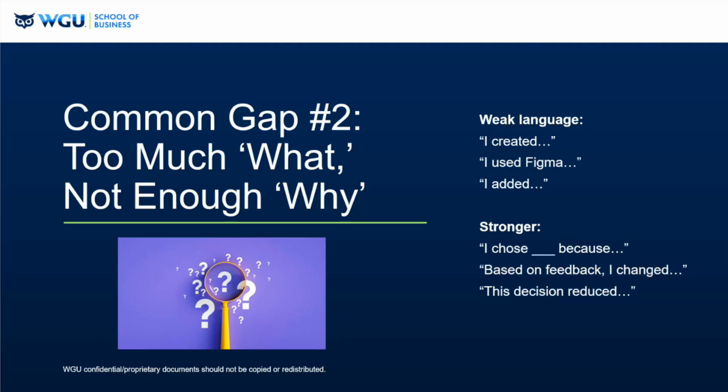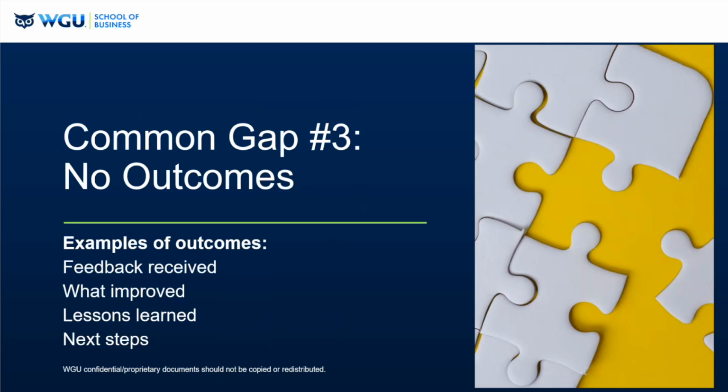That shows that you're flexible, you're willing to pivot, and you're keeping in mind your audience and what the final outcome should be. This decision reduced blank. Use metrics, use outcomes to show what the final result was. This why communicates critical thinking. So frame your decisions as intentional.